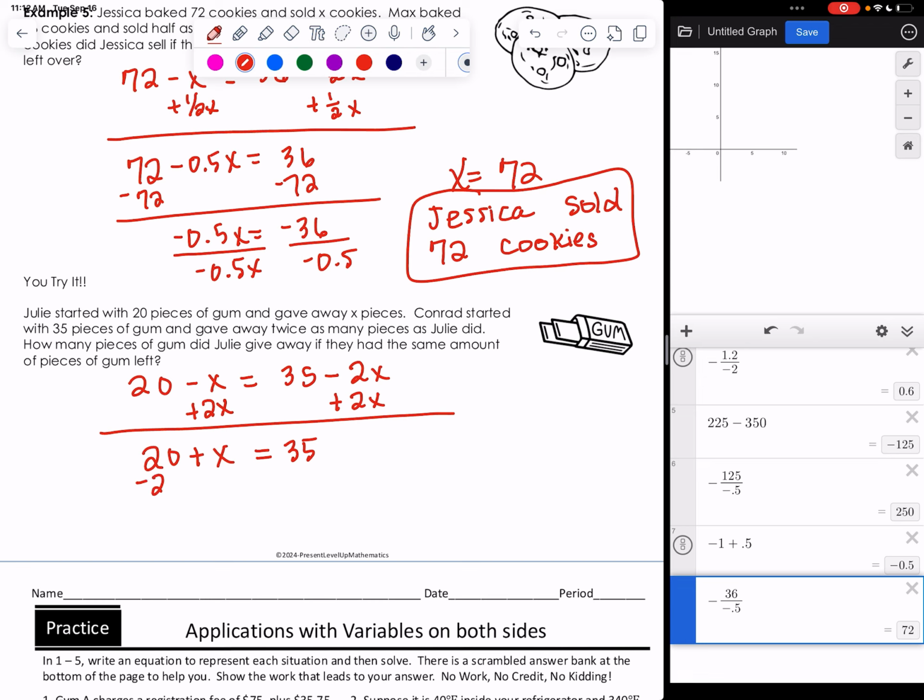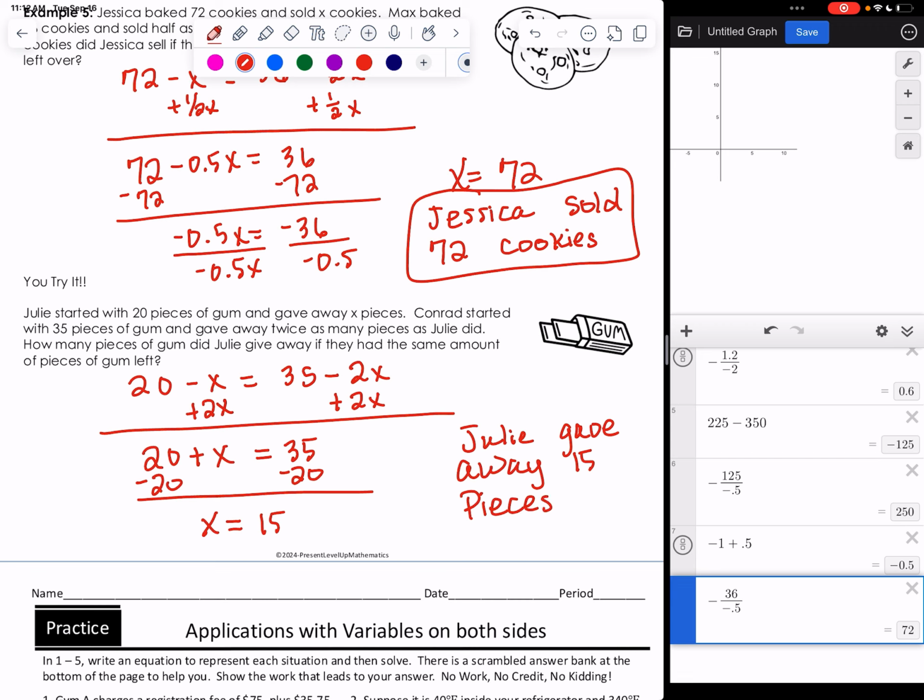Then I subtracted 20 from both sides. So X is equal to 15. So Julie gave away 15 pieces of gum.